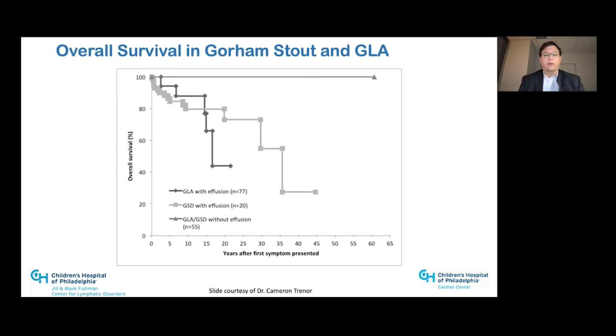So it's really important for us to understand, one, why these patients develop different manifestations of the disease with lymphatic function, and two, whether there is any way we can modify this to potentially change the trajectory of this unfortunate decrease in survival. However, to do that, we need to be able to see what the lymphatic system looks like. How does it interplay with these complex anomalies? Are there abnormalities in the central lymphatic system as well as in other areas?